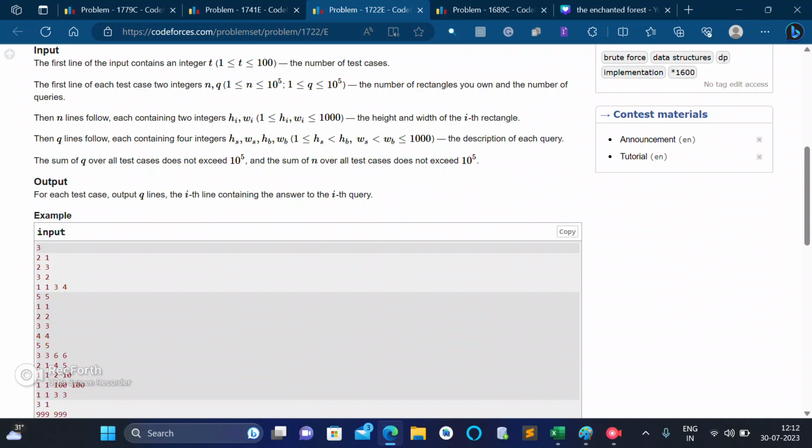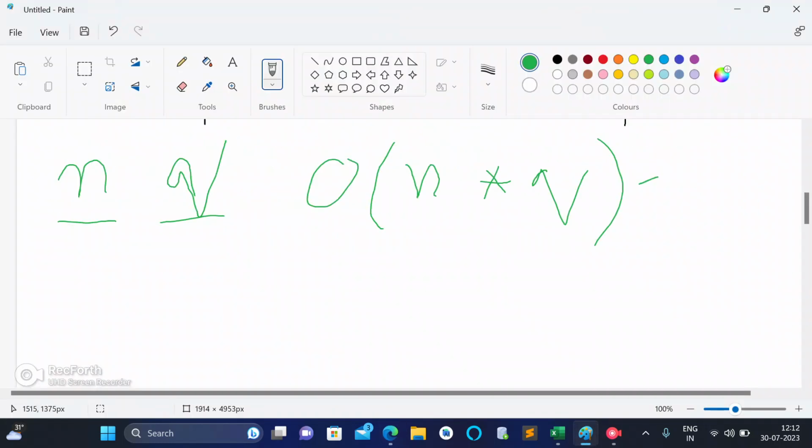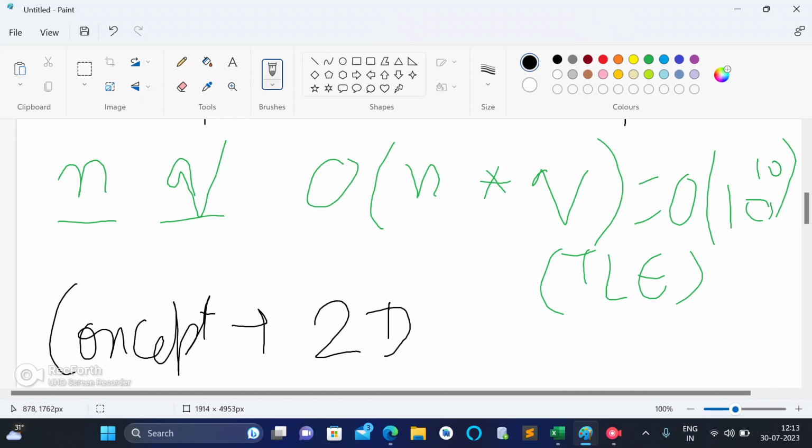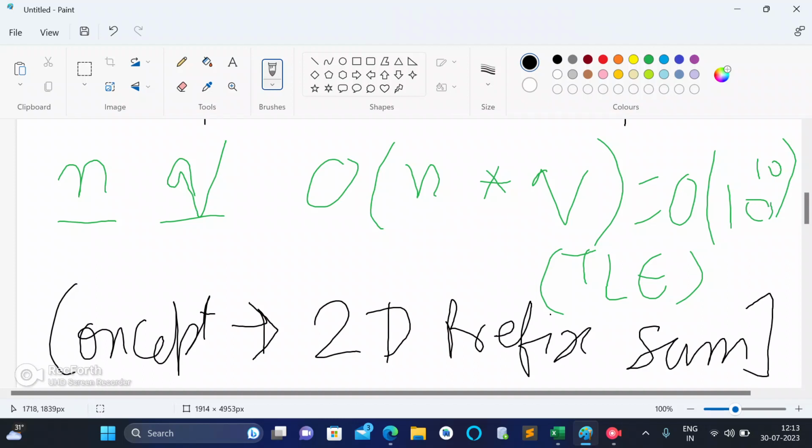As n is of the order 10 to the power 5 and q is of the order 10 to the power 5, it will be of the order 10 to the power 10, which will definitely lead to TLE. So which concept will we apply? We will apply the concept of 2D prefix sum.